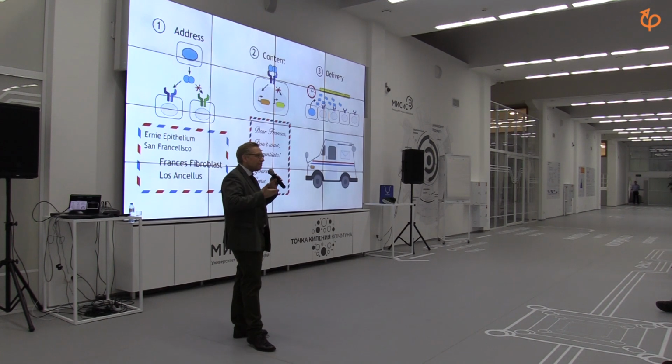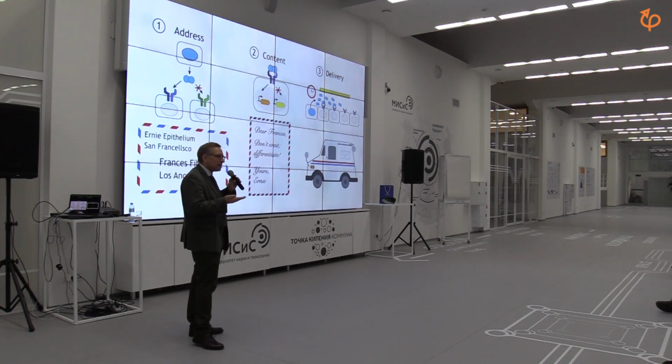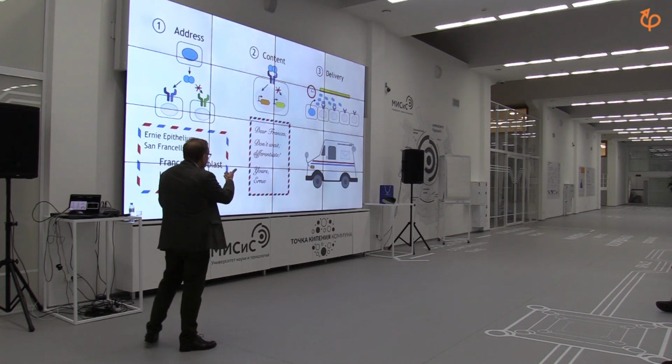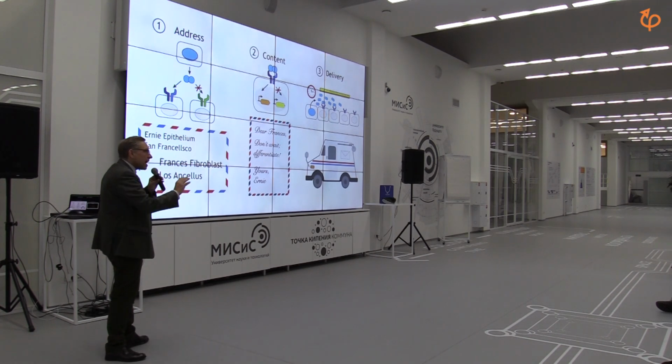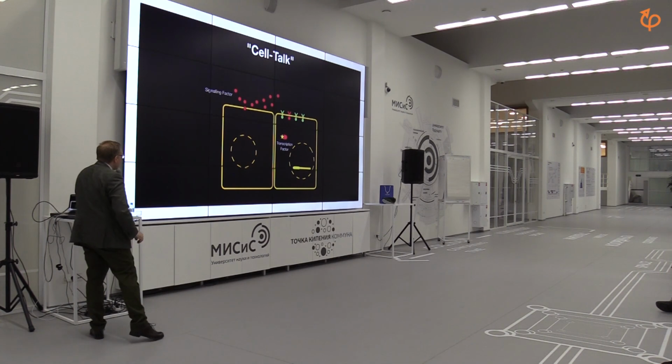And this can be changed according, for example, to the timing or also the concentration. So here the concentration is essential, and different concentrations can be read out by different cells and then become something different.